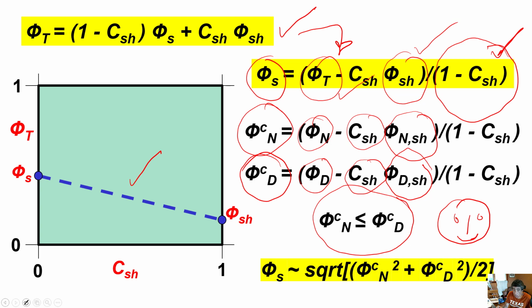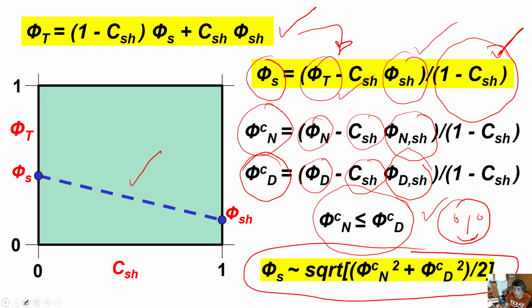But now that you know this, you say, okay, now the corrected neutron is lower than the density log. So what am I going to do to calculate the porosity of the sandstone fraction of that rock? Then we apply this approximation that we have been applying for clean sandstones, which is the square root of the average of the squares.